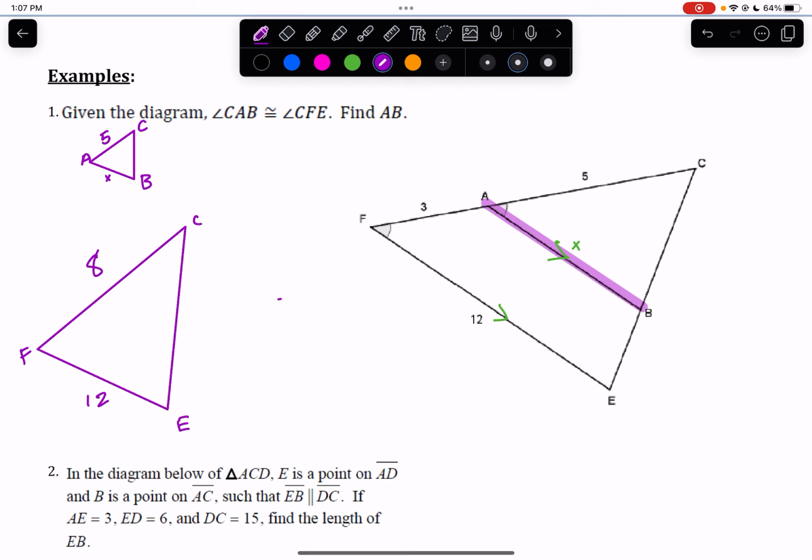So now we will solve for X. Again, corresponding sides, I set up the proportion. So 60 equals 8X, divide by 8. X is equal to 7.5.